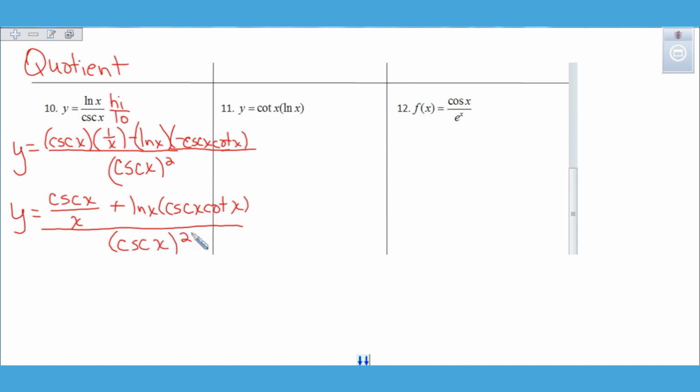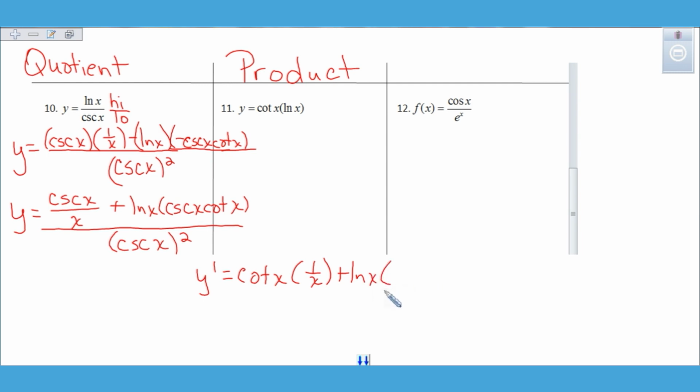So once you know all your derivatives of e to the x, natural log, and your trig functions, then you have to figure out how they are related to the other function. For example, in number 11, this is multiplied, so we have to do the product rule. And the product rule says: 1, write the first one down, d2, derivative of the second is natural log, product plus 2, d1.